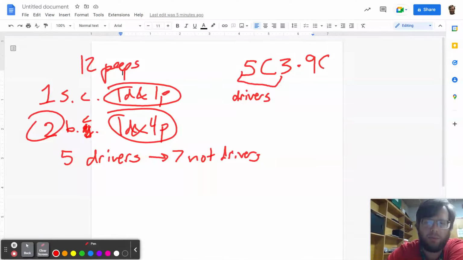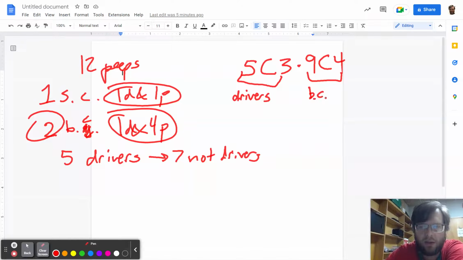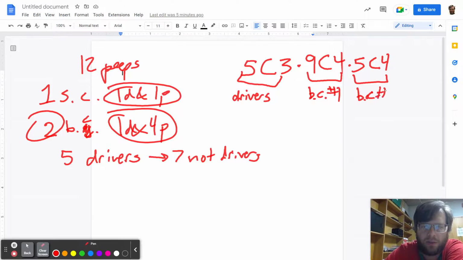So 9 people, choose 4 of them to sit in one car. So this is big car number 1. And then there's 5 people, choose 4 of them for big car number 2. And then there's just 1 person remaining for the small car.